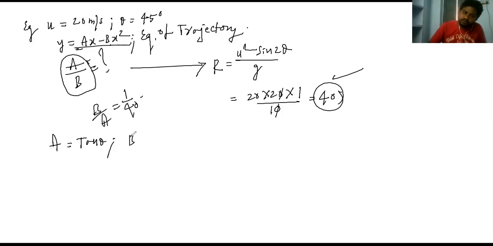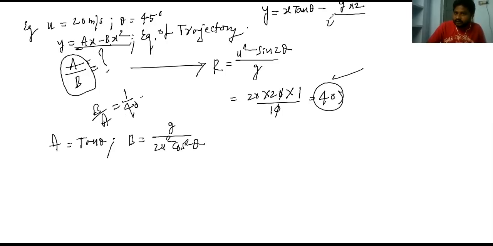You have your b value, which is equal to g by 2u squared cos squared theta, minus 2. From here, from y is equal to x tan theta minus gx squared divided by 2u squared cos squared theta. So you find a by b, you get the answer.